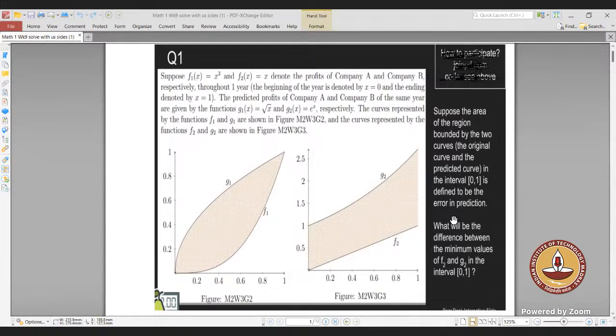The question asks what will be the difference between the minimum values of f2 and g2 in the interval 0 to 1. This is the curve of f2 and g2. Suppose f2 has a minimum value a and g2 has a minimum value, let's say b. They're asking the difference between a and b.